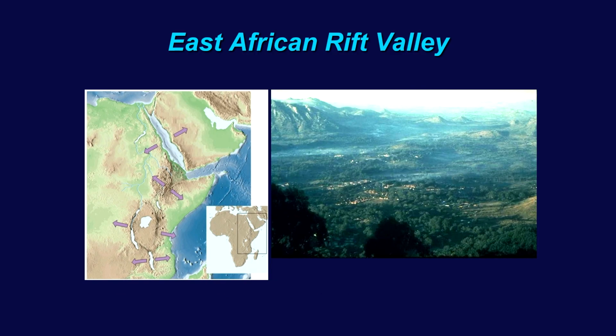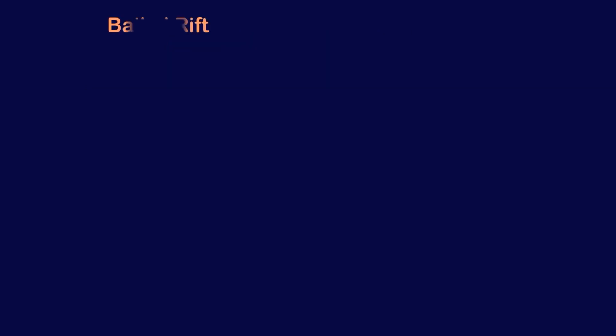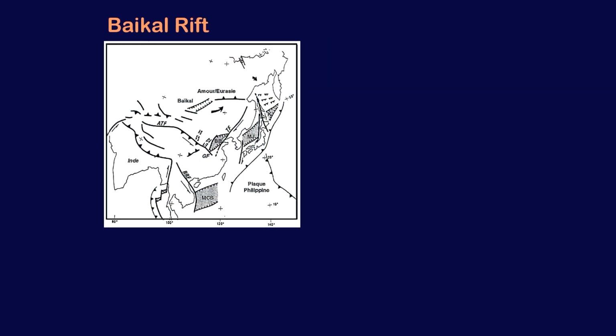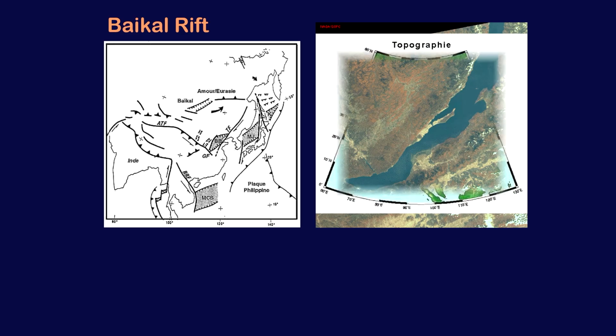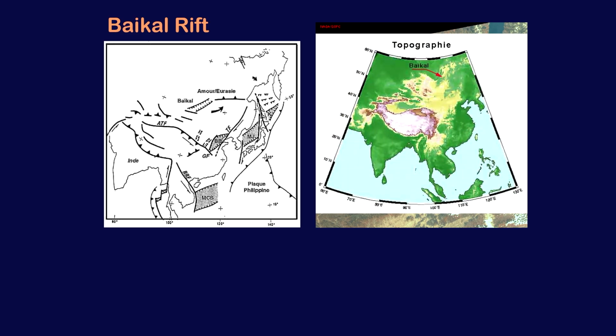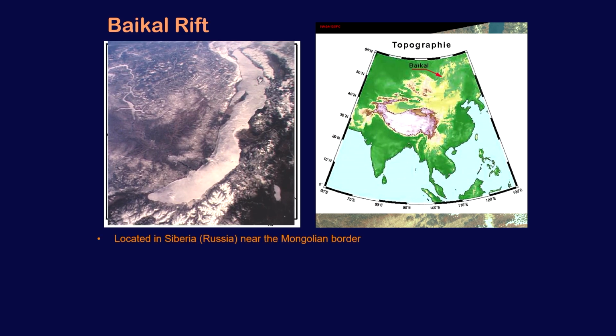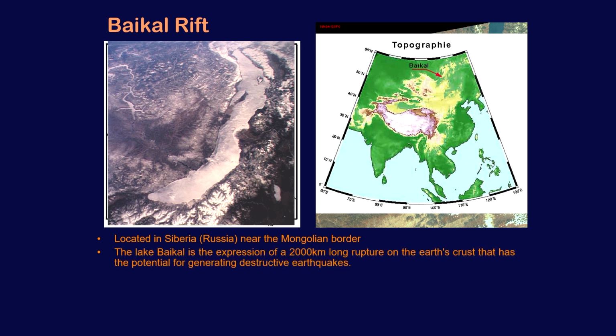Then coming to the East African Rift Valley, this we have already discussed, so I'll just move ahead. Then the Baikal Rift is there, where we have the largest freshwater lake, located in Siberia, Russia, near the Mongolian border. The lake is the expression of a 2000-kilometer long rupture, because there is an extension going on.